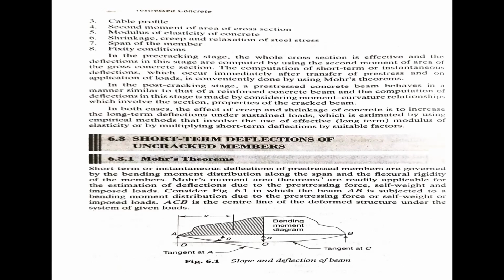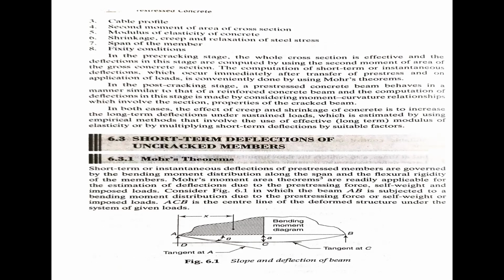In the post-cracking stage, a prestressed concrete beam behaves in a manner similar to that of a reinforced concrete beam, and the computation of deflection in this stage is made by considering moment-curvature relationships, which involve the section properties of the cracked beam.